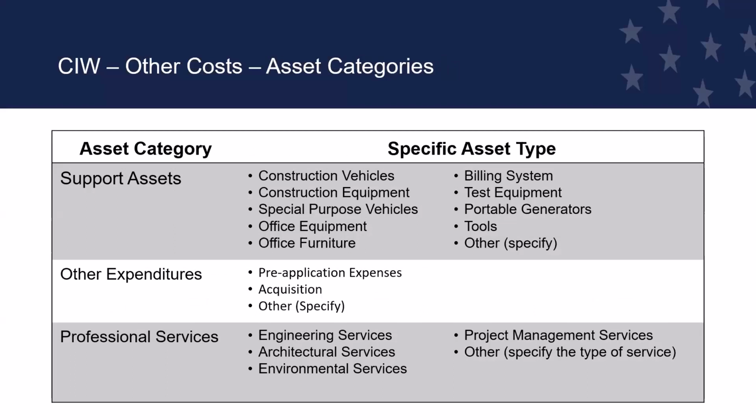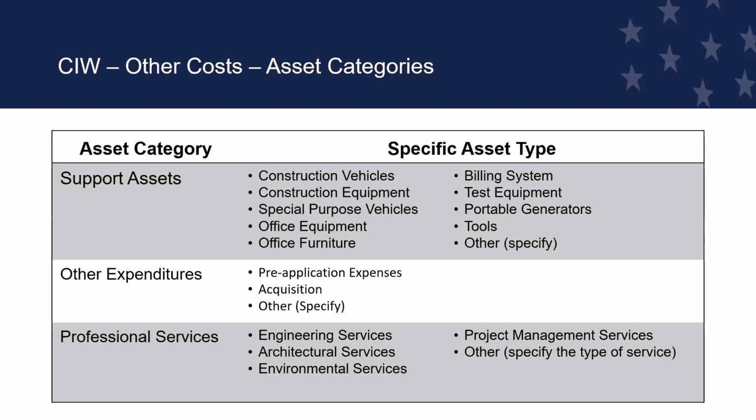Some of the asset categories and other costs. Construction vehicles are a support asset, construction equipment, and both of these are for general use in the construction of the network.